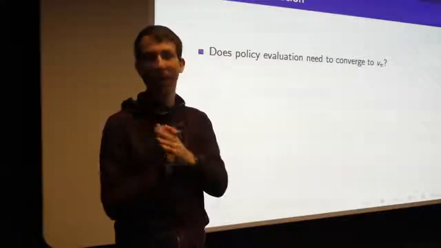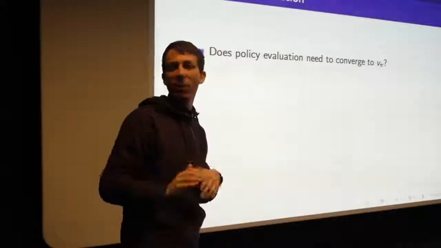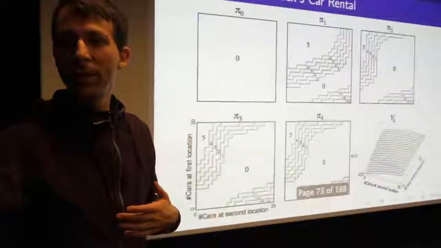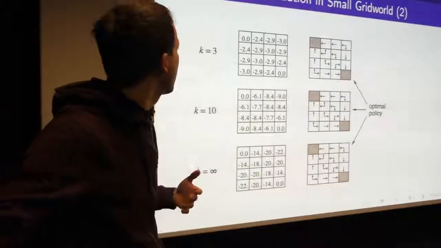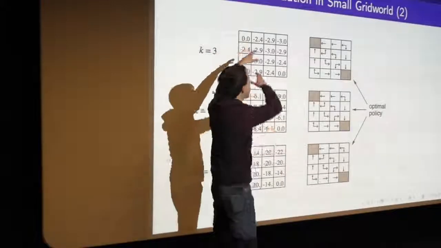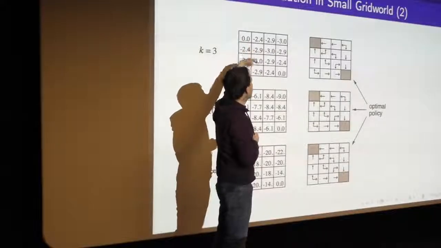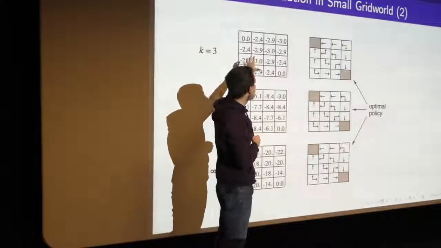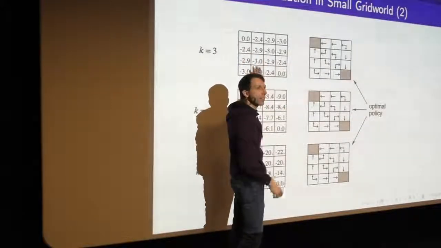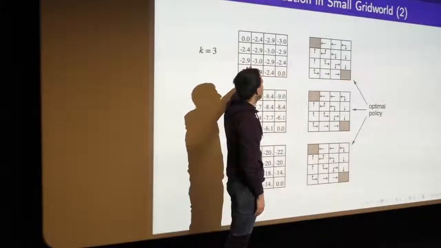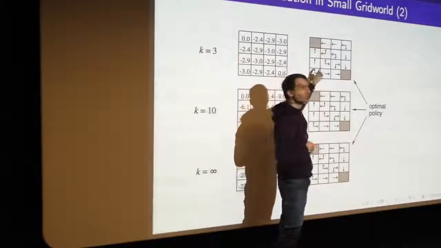There was a great question there. If we go back to our example of the small grid world, we saw that even after doing a very approximate job of figuring out the value of our policy, even if you didn't figure out exactly your V pi, even if you just did a few iterations of your Bellman expectation equation, you got some very crude estimate of how good each state is, and acting greedily with respect to that was already enough to come up with a much better policy.